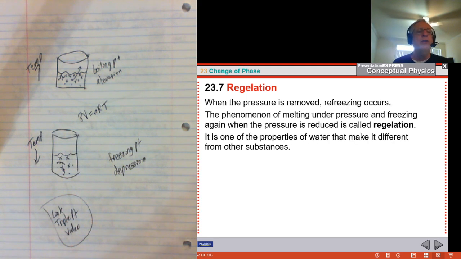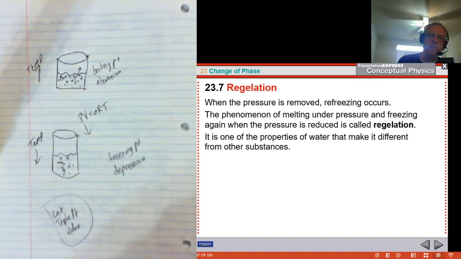All right. So if I remove the pressure, so I take something and put it under a quick vacuum. So I have something that's 20 degrees Celsius, room temperature, and I put it in a vacuum and I suck all the air out really quickly. So the pressure goes down very rapidly.